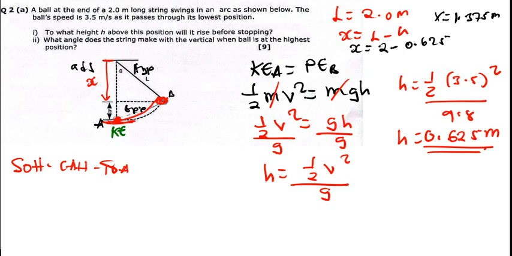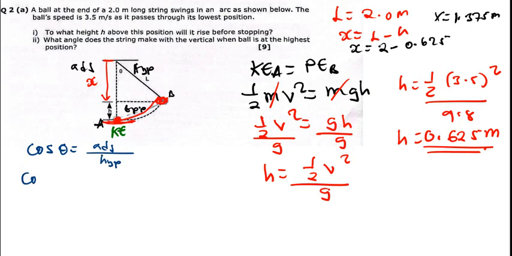So I'll say cos theta is equal to, what is cos theta? Cos theta is adjacent divided by hypotenuse, of which we know that adjacent is x and the hypotenuse is L.